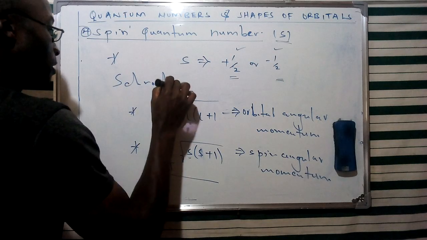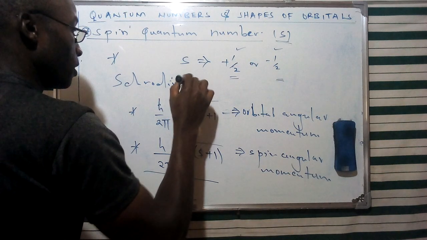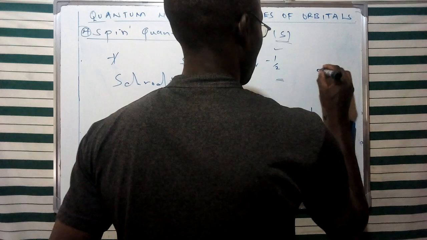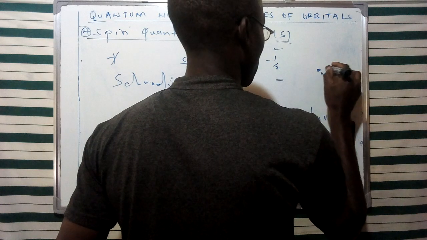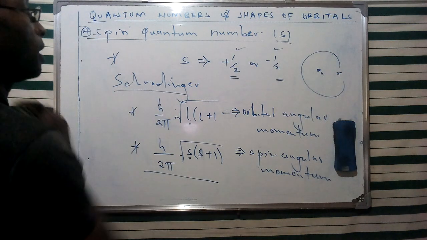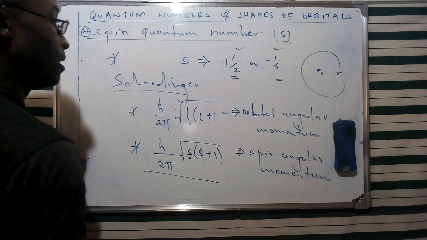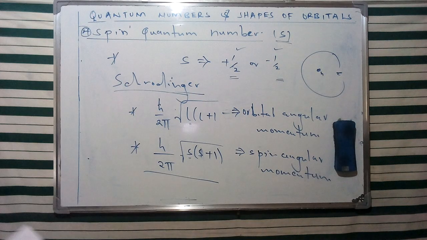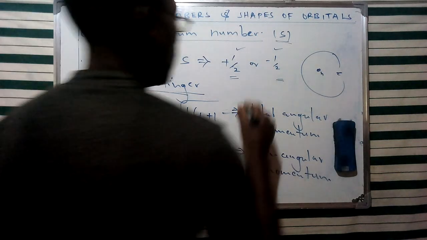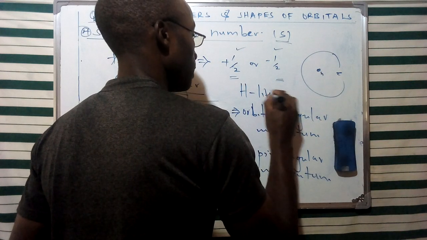I've mentioned that the Schrodinger's equation provides the solutions describing the various orientation, energy, and various aspects of an electron within the orbit of a nucleus, in the nucleus-electron system. So the spin quantum number is unique from the other three, in a sense that it is not a part of or the result of the solution of Schrodinger's equation solved for the hydrogen-like atom, which we have looked at in some of our videos.